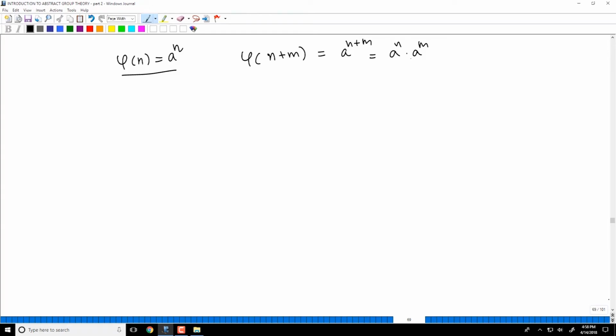If you write the product of a with itself n times and m times, you pool them, you get n plus m times, and that is the same as phi of n times phi of m. So this is not difficult at all, right? So phi from Z to G is a group homomorphism.